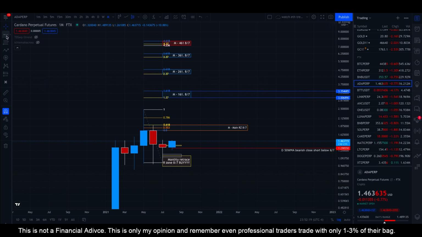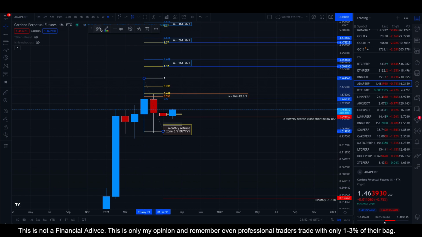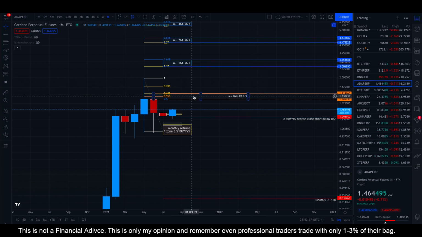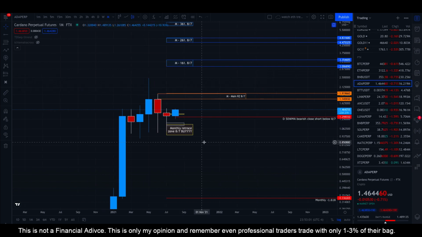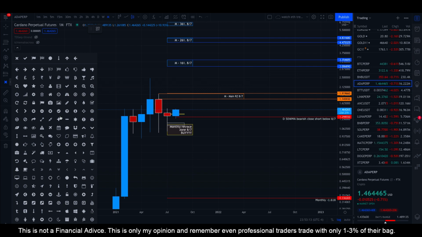All right, and turn that off. So the price right now will either climb up to the resistance level, my first target, or it will just retrace back to the yellow box, which is also my 618 retrace zone.